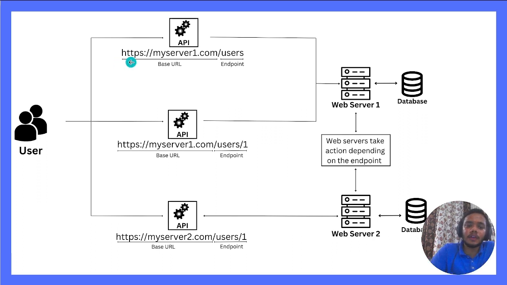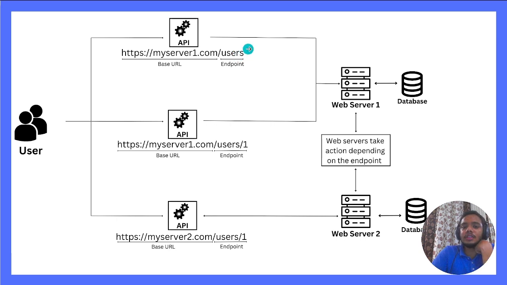So let's say the first example endpoint here is https://myserver1.com. This is the base URL. This base URL specifies that whatever we are doing using this endpoint should be done using web server 1. Okay. Now, after that is the endpoint, or the path. So it says users.